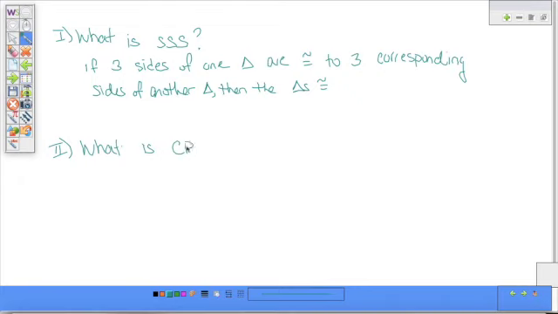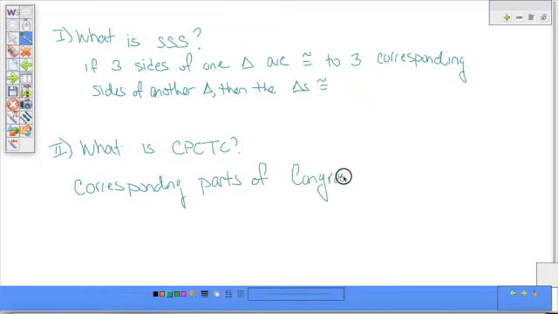we use CPCTC. That stands for corresponding parts of congruent triangles are congruent. I should write out the word.